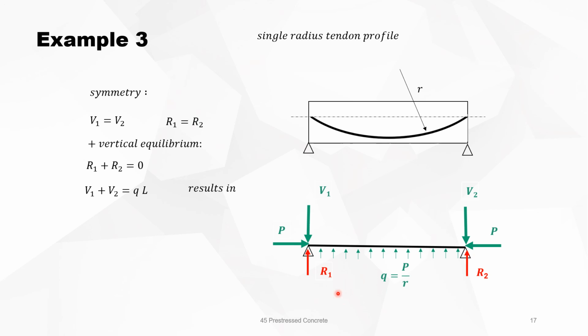The sum of the two R's is 0, and V1 plus V2 must be equal to Q times L. And this results in that the reaction forces are 0 and that V1 and V2 is equal to V. It's equal to QL over 2 and is equal to PL over 2R, because Q is P over R.